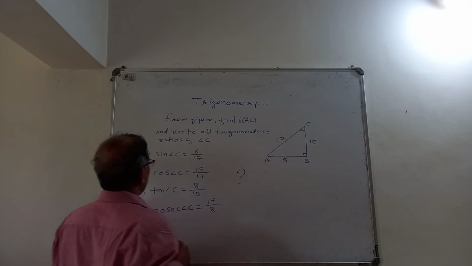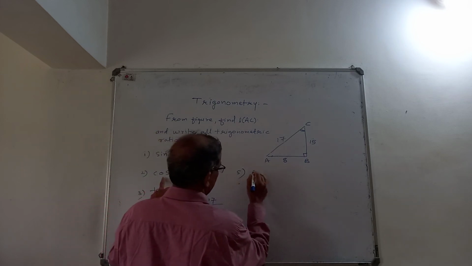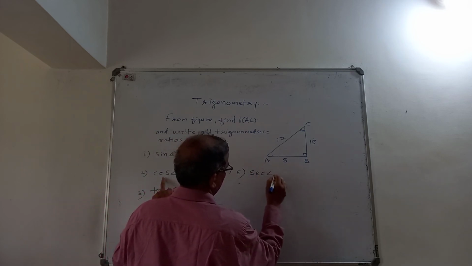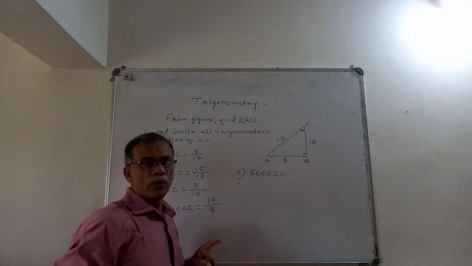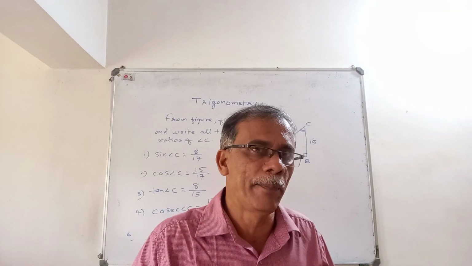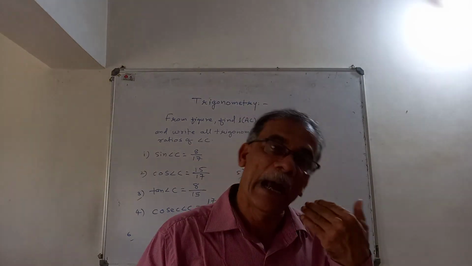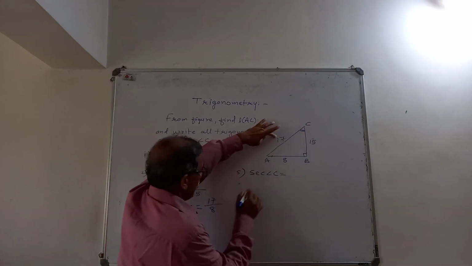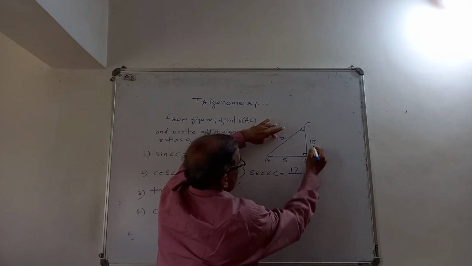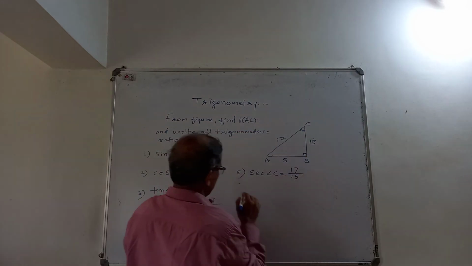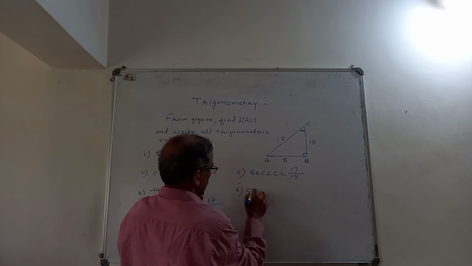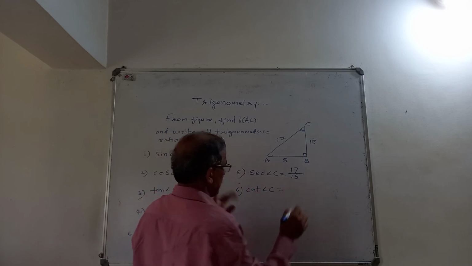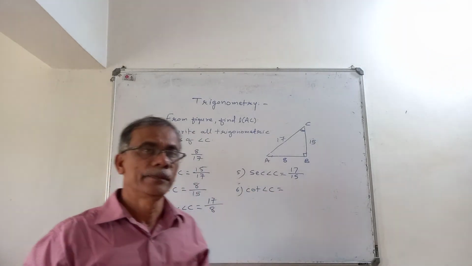Then the fifth ratio, the inverse ratio of cos, which is sec angle C. Cos means adjacent upon hypotenuse. Now its inverse is hypotenuse upon adjacent. So for angle C, hypotenuse 17 upon adjacent 15. Then cot of angle C. Cot is the inverse of tan.